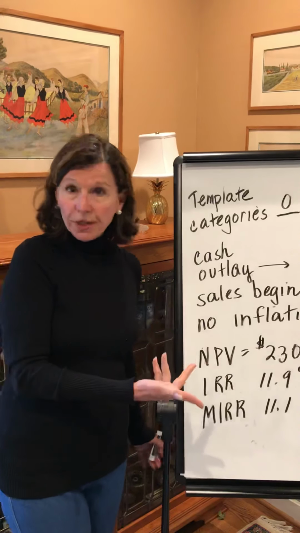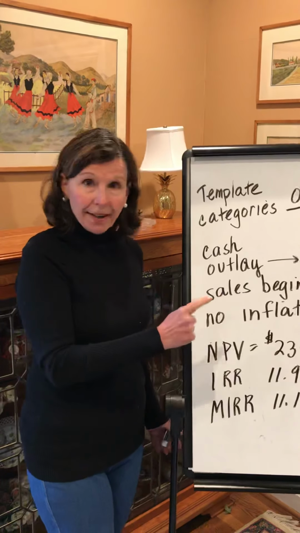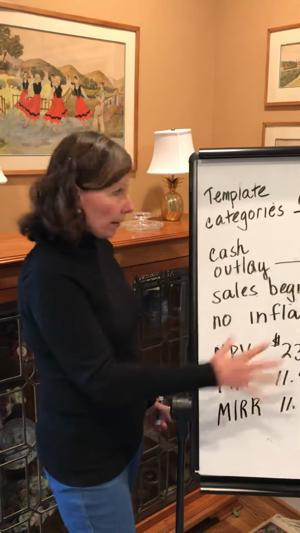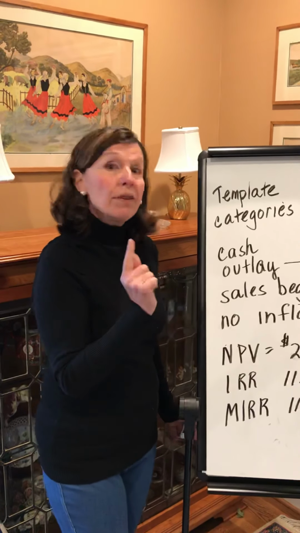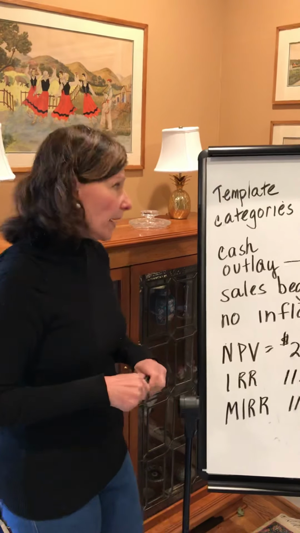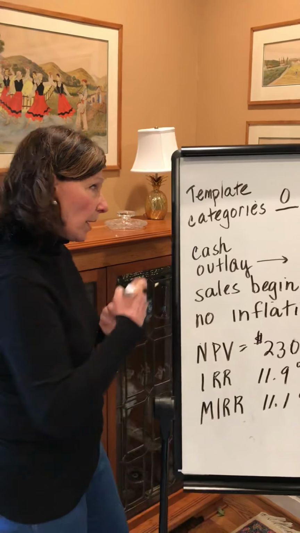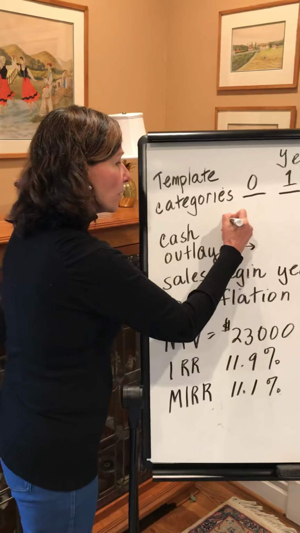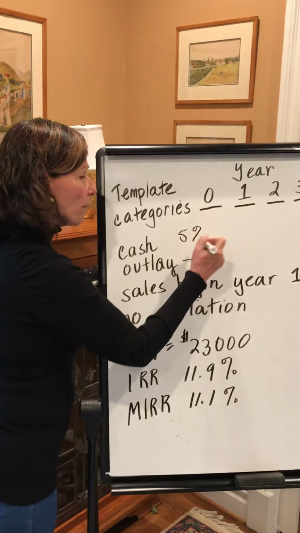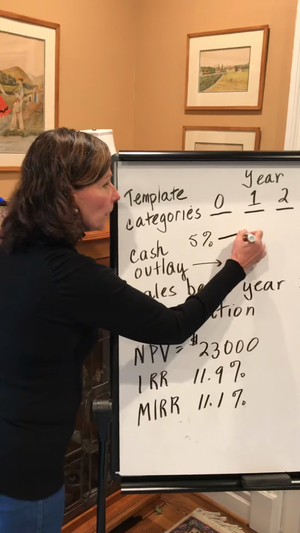Now the homework for today is to add inflation to our model. So you have inflation at 5%. You're going to add that 5% starting in year 1.